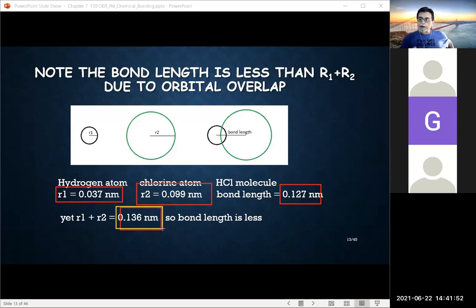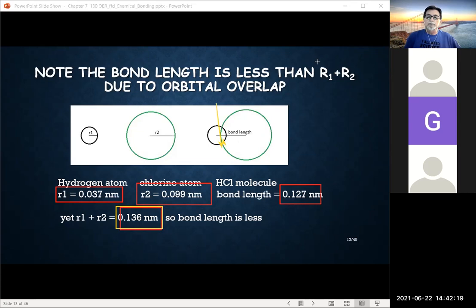And so it was thought when the hydrogen atom and the chlorine atom come together, that would be the bond length, and that would be 0.136 nanometers. In reality, it turns out to be 0.127. And so what's happening is there is an area of overlap. Okay, an area of overlap denoted right in this particular region right there.